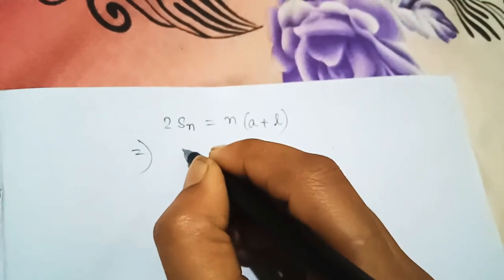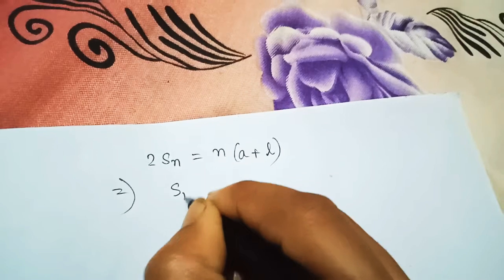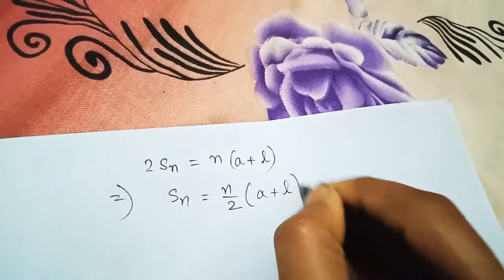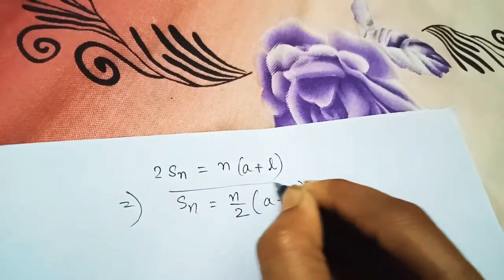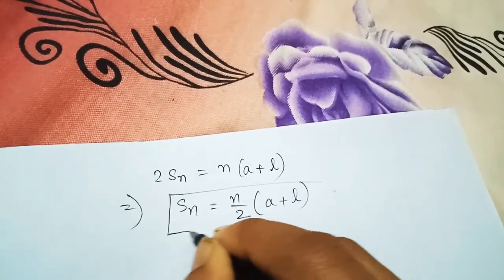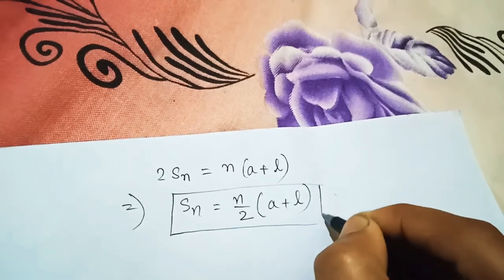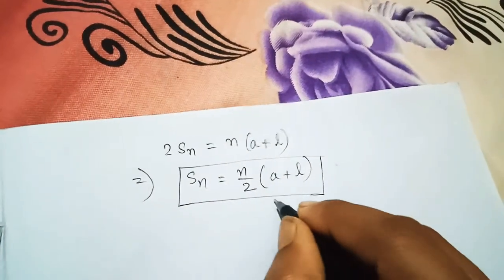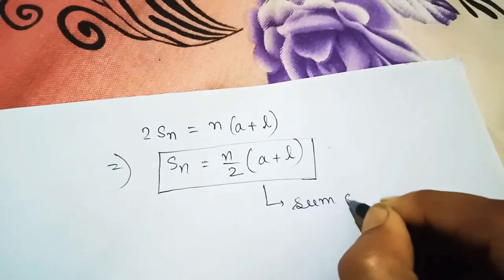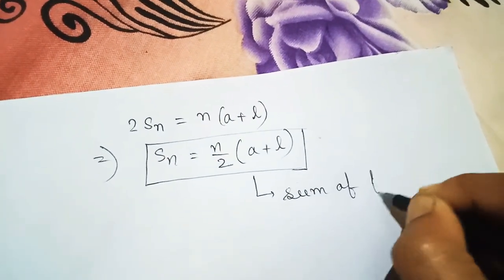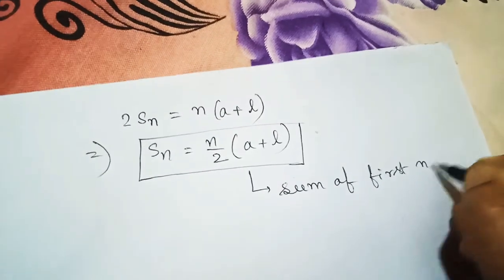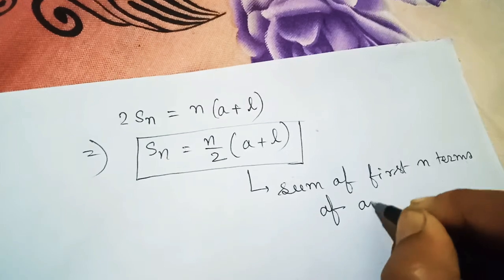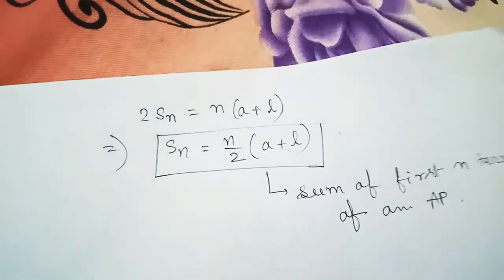From this we can write Sn equals n by 2 into (a plus L). This Sn equals n by 2 into (a plus L) is one of the formulas for the sum of the first n terms of an AP. This is the first formula.